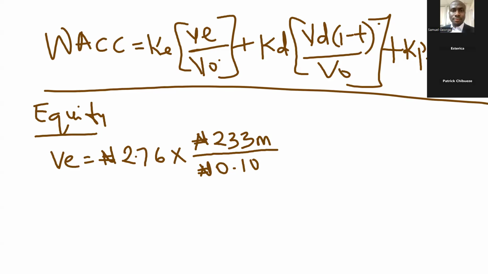That is why I didn't just want to do it like 233 divided by 0.1. That's why I'm putting naira: 233 million naira divided by 10 kobo. So it is exactly as it is.